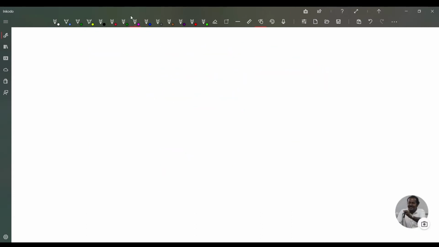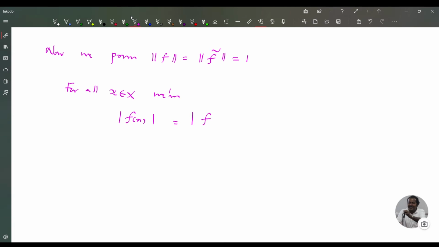So now we prove norm f equals norm f tilde, and you know norm f tilde is 1. So norm f equals 1. For all x in X, we have modulus of f of x, which is equal to modulus of f tilde of x plus Y closure by definition of f. So this is less than or equal to norm f tilde into the quotient norm of x plus Y closure.